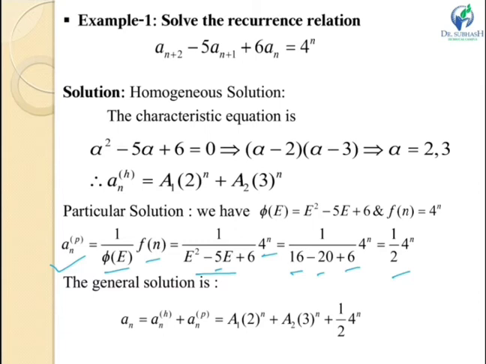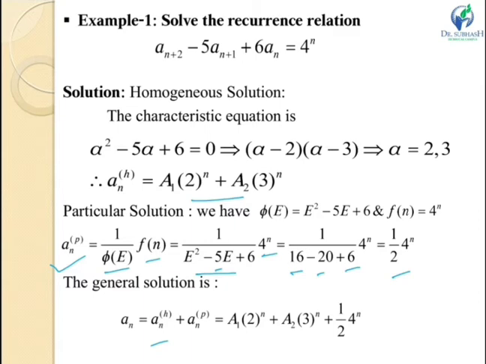Therefore, the general solution is the addition of the homogeneous solution and the particular solution. So a(n) will be equal to a1 2 raised to n plus a2 into 3 raised to n plus 1 by 2 into 4 raised to n.